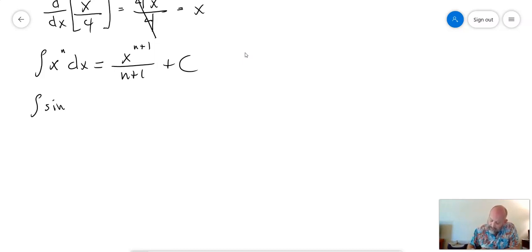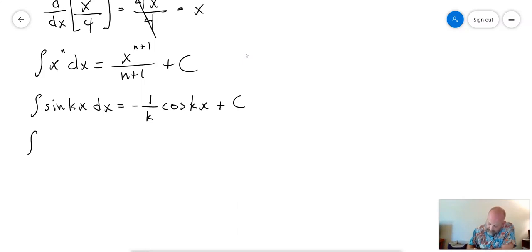The derivative of sine of some constant times x is going to end up being negative 1 over k, whatever that constant is, cosine kx plus a constant.